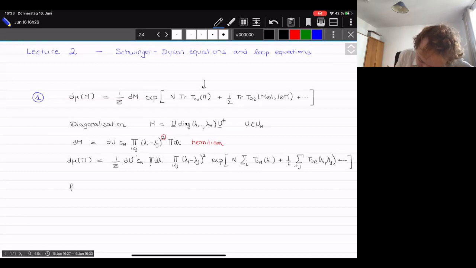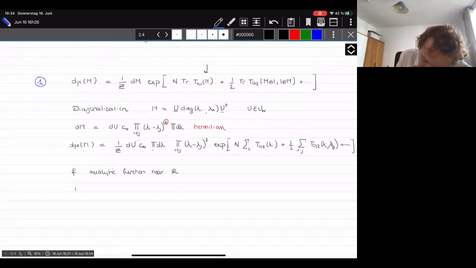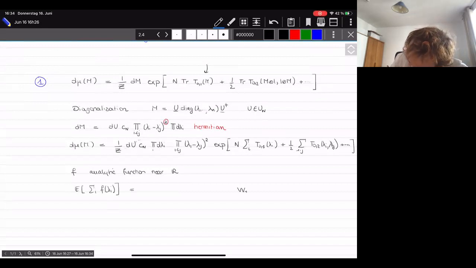If in general we have f, which is some analytic function near the real axis, so in the complex plane, in the neighborhood of the real axis, and you want to compute the expectation value of the sum of f of lambda i. Just by the way this W1, this correlation function, was defined, this is the sum over i of 1 over x minus lambda i in expectation value.